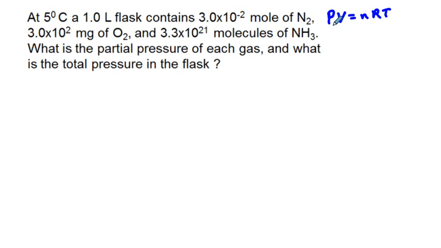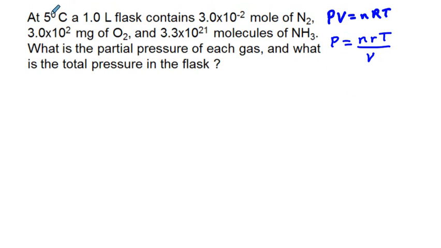Boyle's law deals with the proportionality of pressure, and Charles' law has to do with how temperature and volume are related. And so the combination is this formula right here. We're trying to find pressure, so pressure is going to be equal to nRT over the volume.